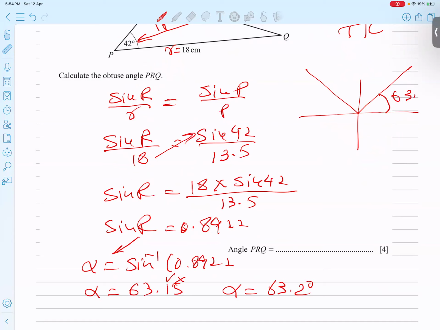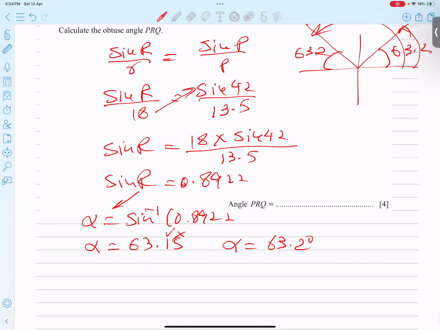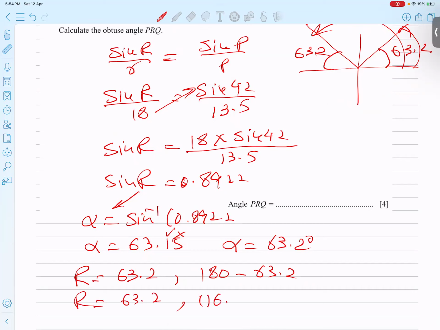So 63.2 degree is here and here. My first answer is this and the second is this. So I'm writing the first answer, capital R 63.2, and the second is 180 minus 63.2. If you check, I'm getting 116.8.